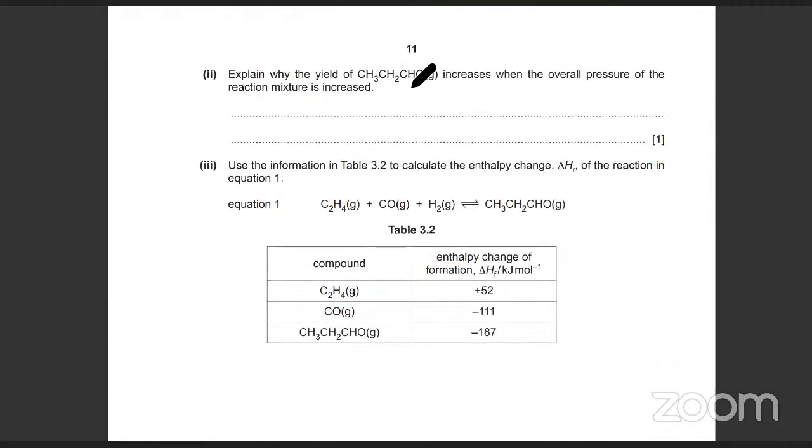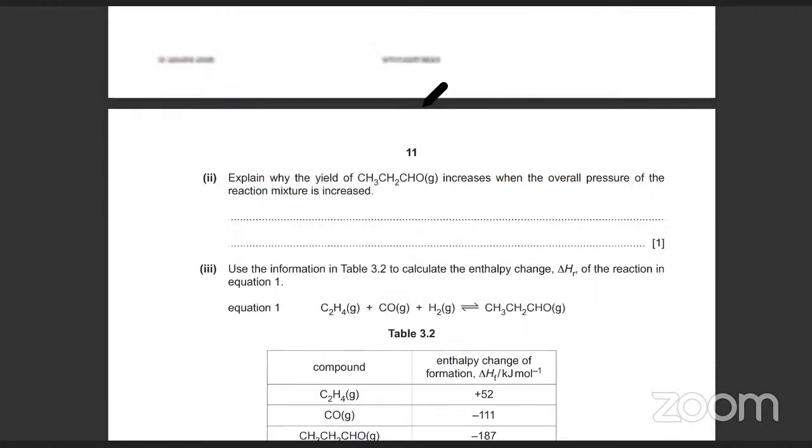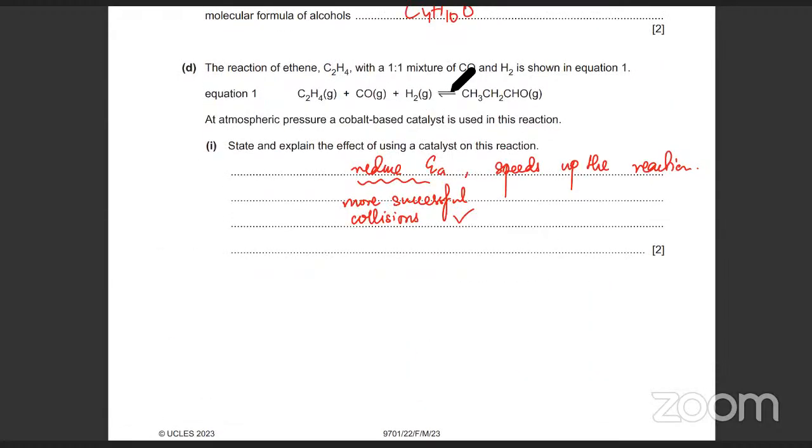That's the next one. Explain why the yield of this thing increases when the overall pressure of the reaction mixture is increased. So coming back to this, it's an equilibrium reaction. Why would the yield increase if you increase pressure? Because maybe it will cause a forward reaction to take place. Okay, so higher pressure will favor which reaction?